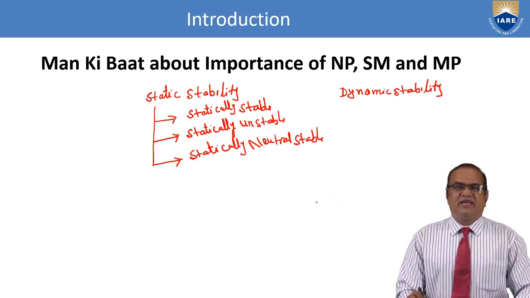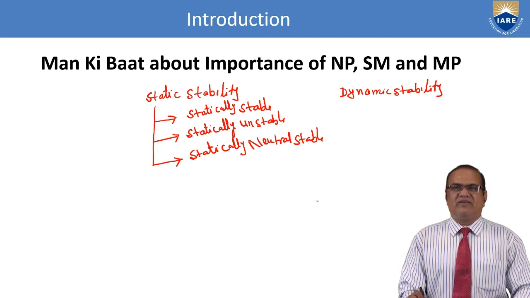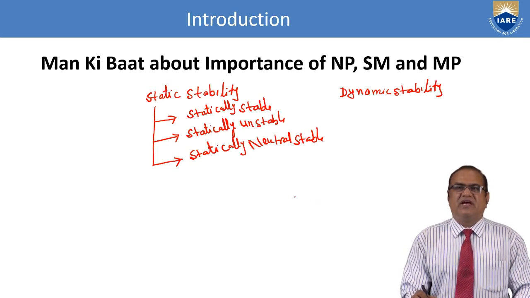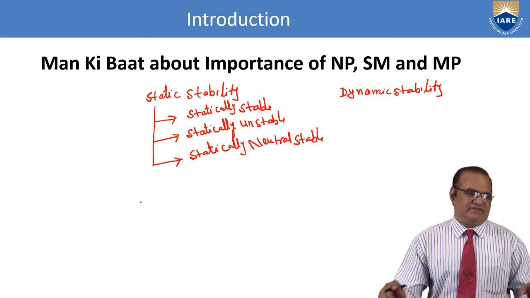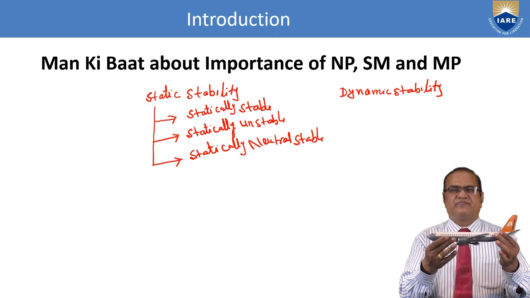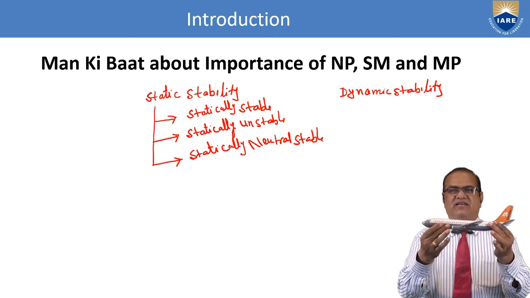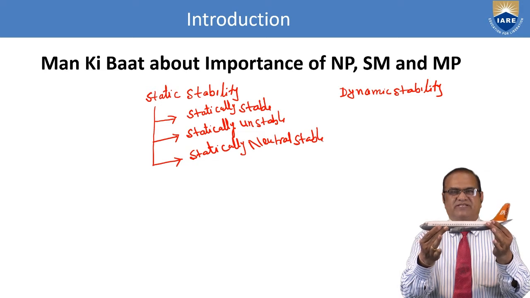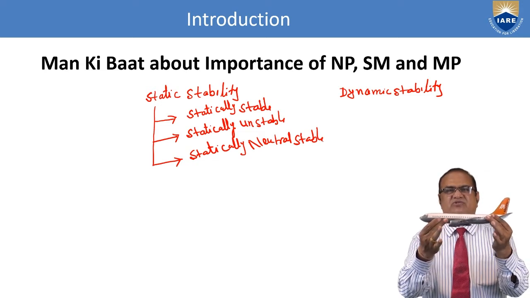In my previous classes, I have discussed static stability very much, and I am showing you again here. This is the aircraft. If the aircraft is flying in steady state flight, there is no disturbance, and it is flying very smoothly.